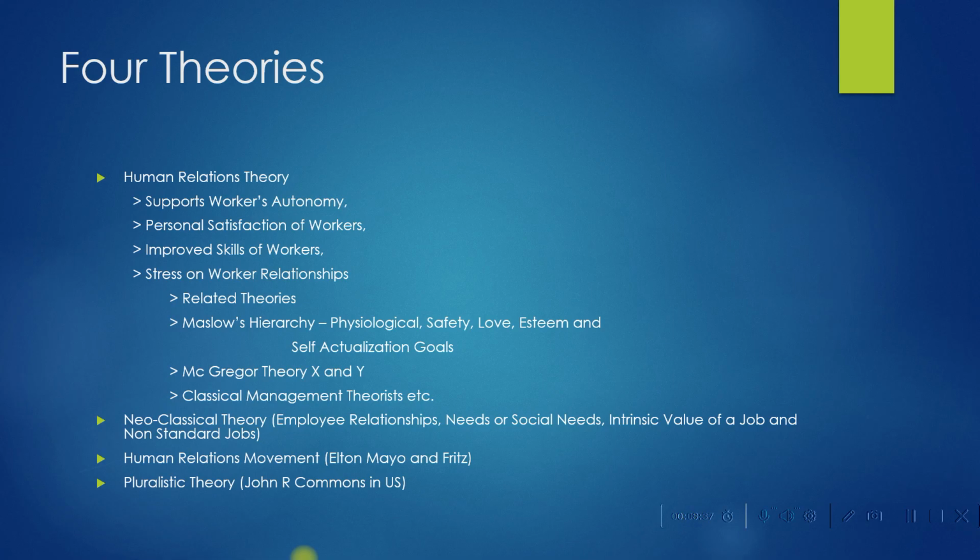So tripartite committees and a lot more we talk about in industrial relations. We will talk about that in a later session. But basically, by way of interaction and collective bargaining, conflicts can be alleviated. That is what the pluralist theory talks about.